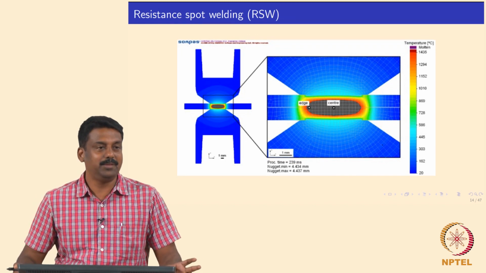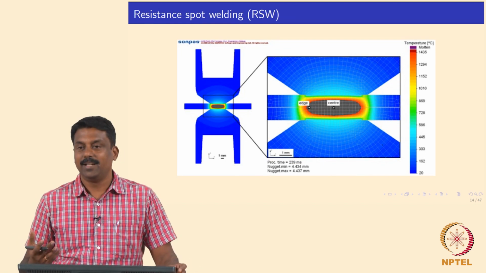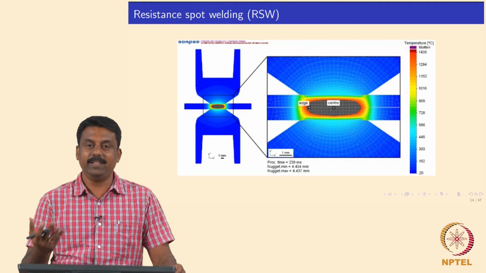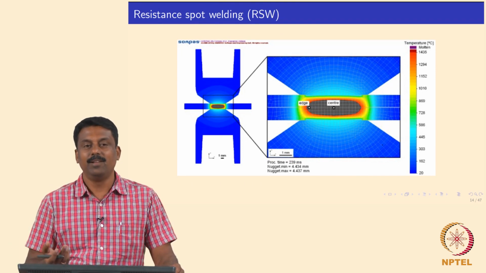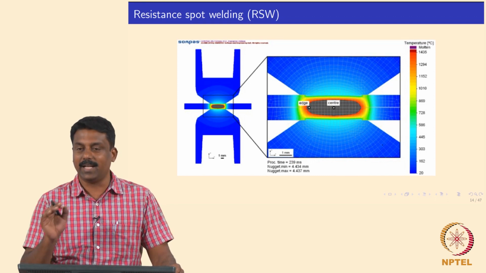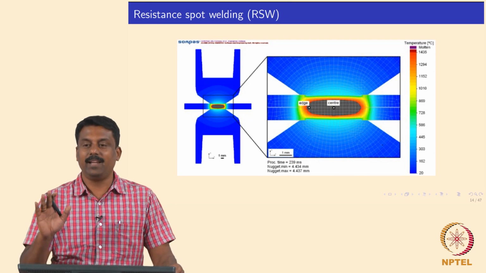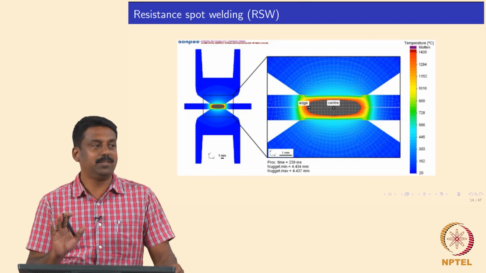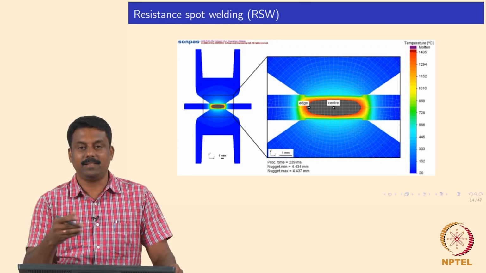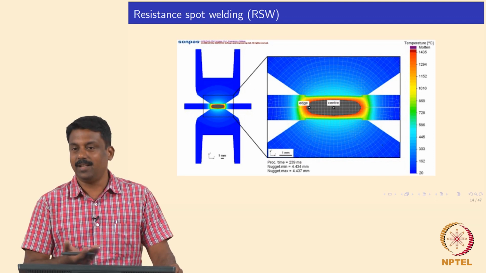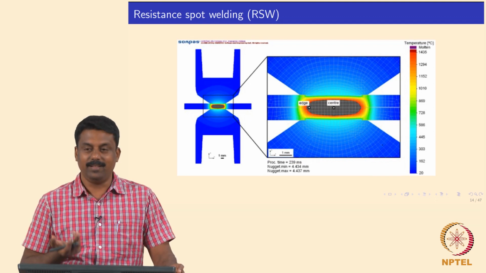So, the best way is to simulate for a given condition, and the physics is well established. Whatever I talked about, I square R, that is it. Once you know precisely the contact resistance, everything can be calculated. So, the trick is to get the contact resistance. Once you know it, I square R t and then Q by m Cp, that is it.